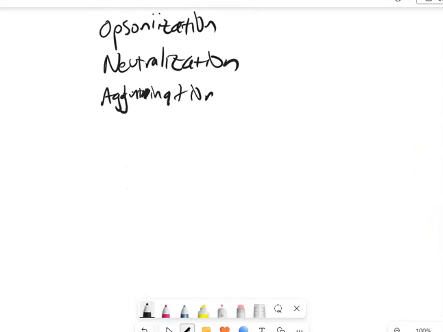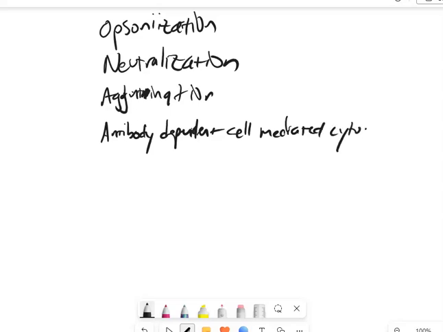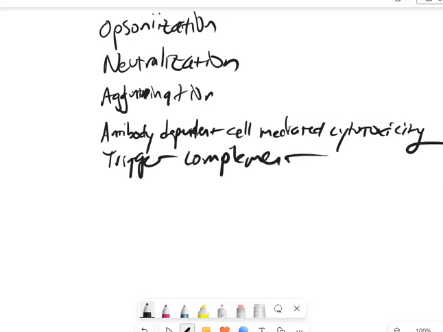Antibodies can also do antibody-dependent cell-mediated cytotoxicity, where they mark one of our own cells to be killed. They can trigger complement cascade.